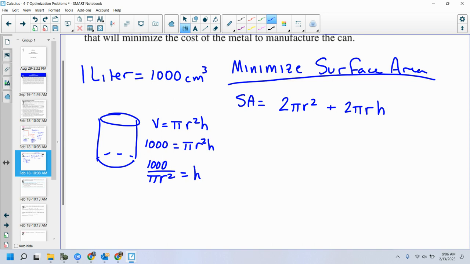See, there are easier routes to take and more difficult routes to take. Choose the easier path. Okay, so that means I can plug this in. 2 pi r squared plus 2 pi r times 1,000 over pi r squared.